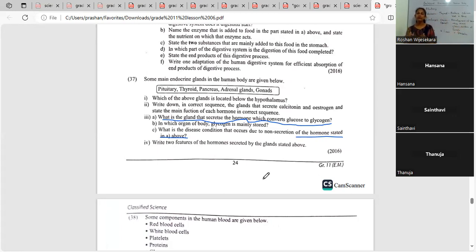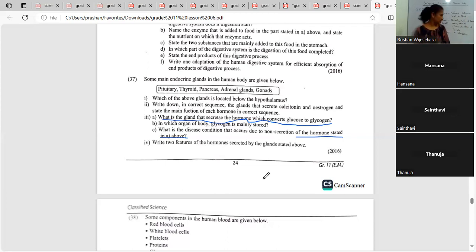If blood glucose level decreases, the pancreas produces glucagon hormone, which converts glycogen into glucose again and releases it into the bloodstream to increase the blood glucose level. That is the maintenance of blood glucose level within the correct limit. If insulin hormone is not present, glucose level can increase and it leads to diabetes.